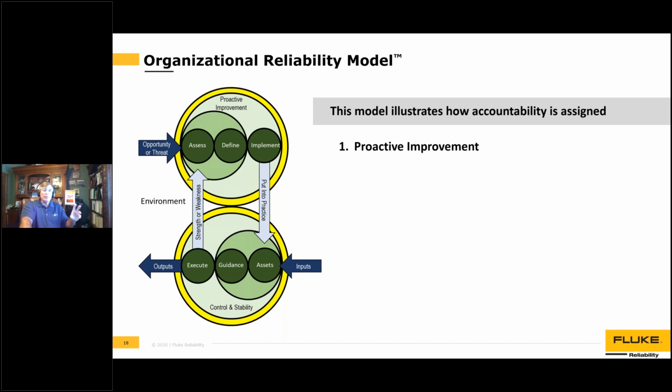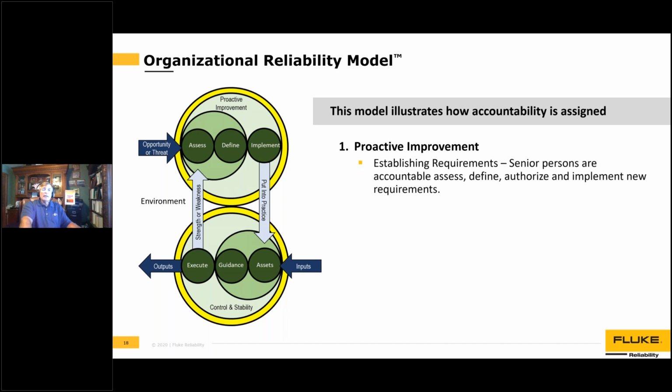If you think about the upper and lower set of circles, the upper group of circles is what I call the proactive improvement realm. And what we do within that realm is establish requirements. So the senior person is accountable to assess the strengths, weaknesses, opportunities, and threats. They're accountable to define a solution for them, to authorize them, and to implement new requirements.